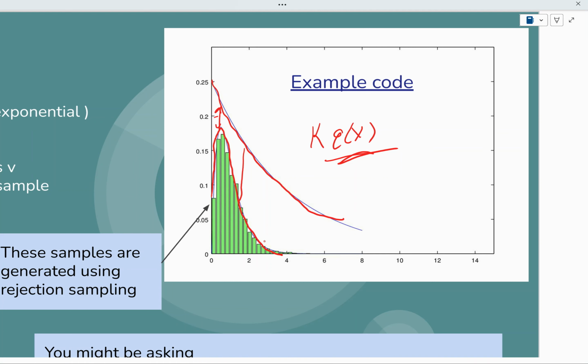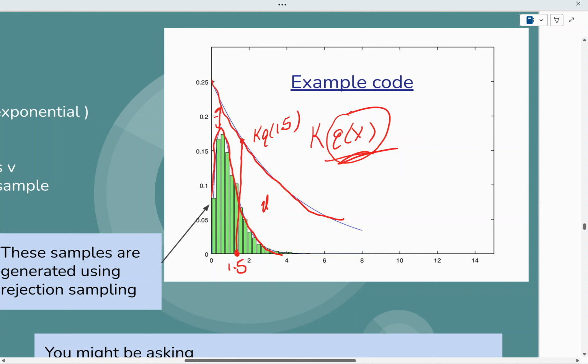So once we generate a sample using Q, using this exponential, let's say it's this sample. Then we generate yet another random number U between 0 and KQX. So let's say we generated 1.5, so KQ at 1.5.